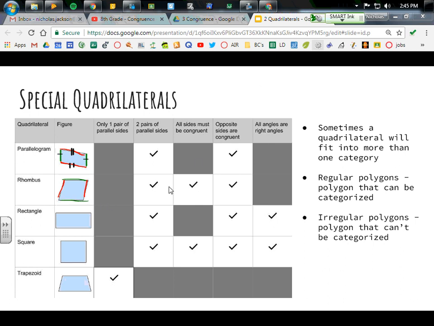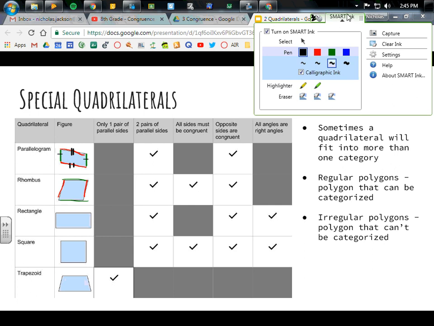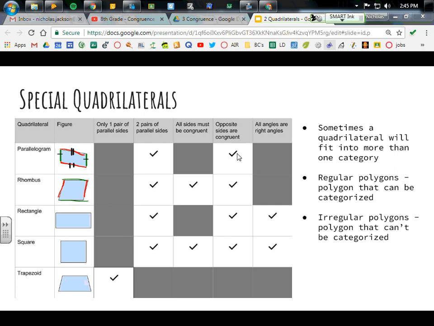All right, if we skip ahead, it also has to have opposite sides being congruent. This side is congruent to this side, and this side is congruent to this side. Notice how I made the same mark on all four sides. Well, that's the third criteria for a rhombus.